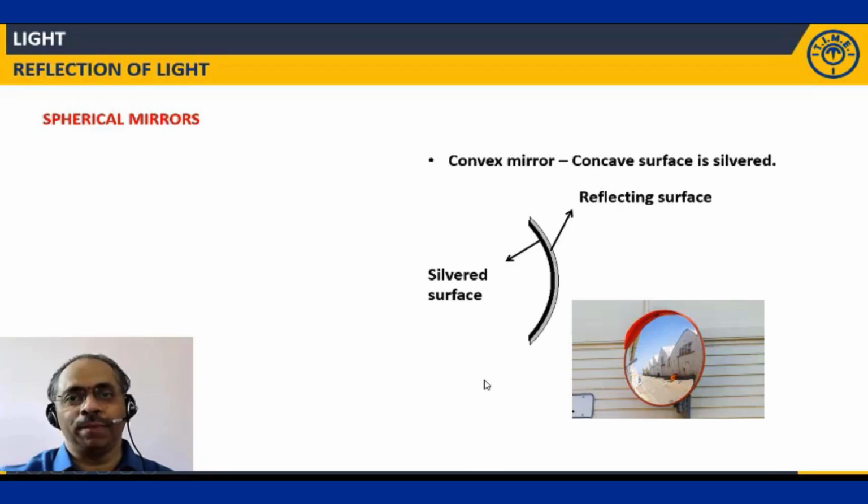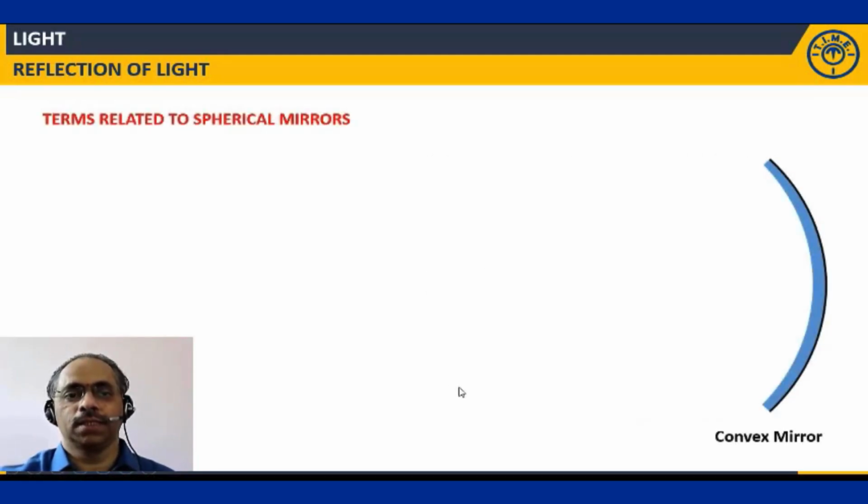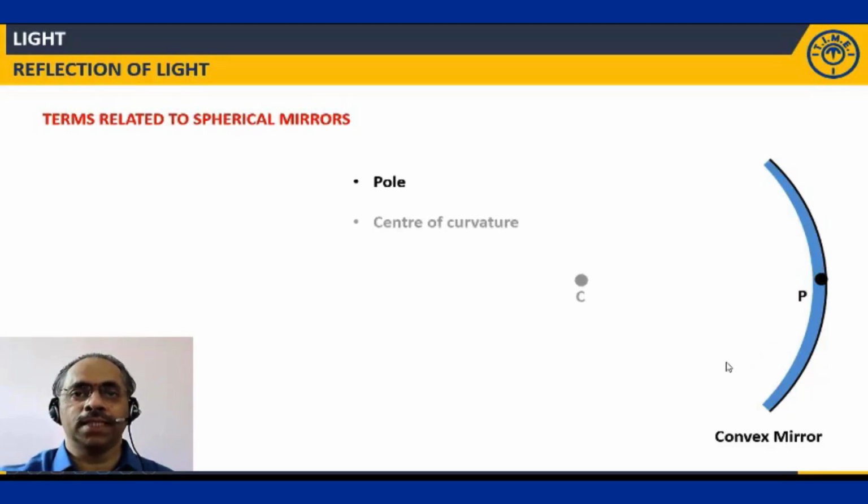Before knowing further about the images formed by these spherical mirrors, we need to know some of the important terms related to spherical mirrors. For this, I am considering a convex mirror. The geometric center of the convex mirror is called the pole, generally denoted by the letter P. The next important term is the center of curvature.